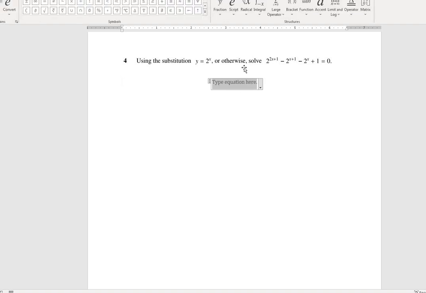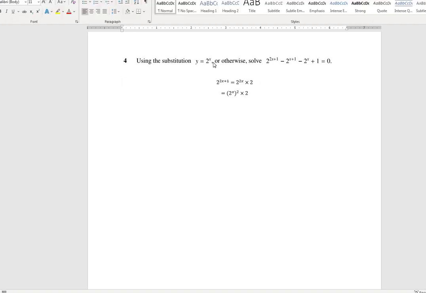So what can we do here? Okay, then we can actually change this 2 to the power of 2x plus 1 by using the concept of indices. This is equivalent to 2 to the power of 2x times 2 to the power of 1. Then this 2 to the power of 2x can be written as 2 to the power of x in brackets to the power of 2.